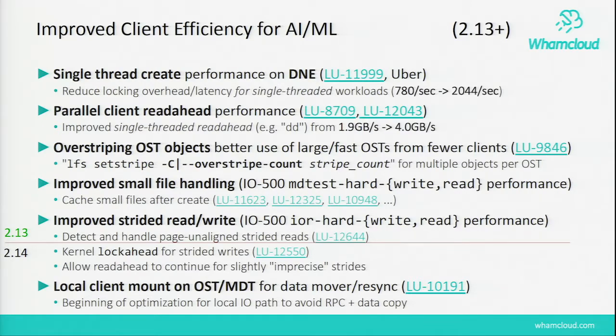But with large disks and flash, the performance of individual OSTs may be quite large, and so for a client to get the most performance out of a single large OST, it's beneficial to put multiple stripes from a single file on there. And in the IO500, we saw very good improvement there. It gave us more IOPS in order to get more parallelism on the server file system as well, reducing lock contention and things like that.